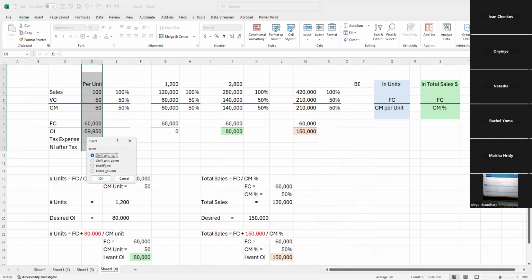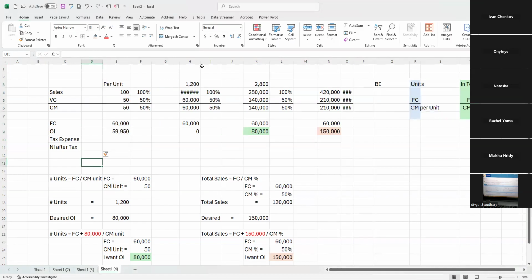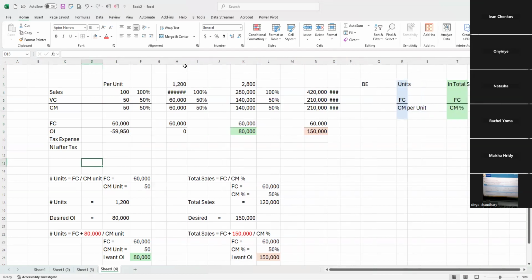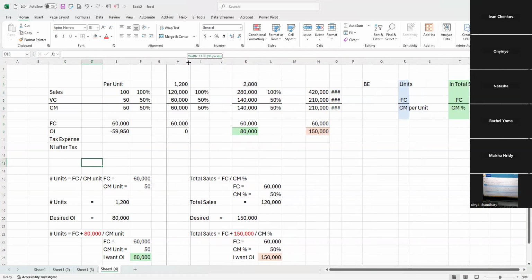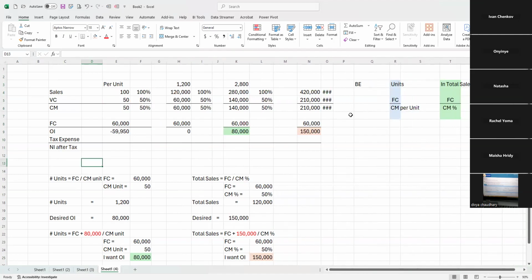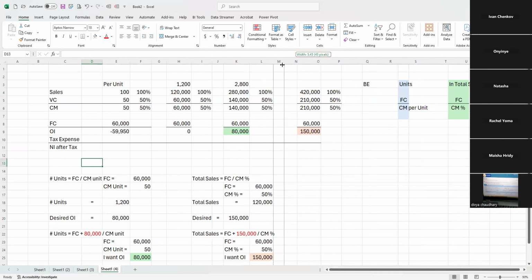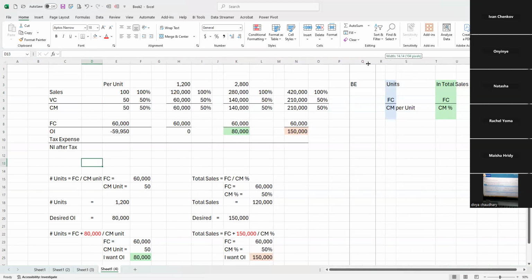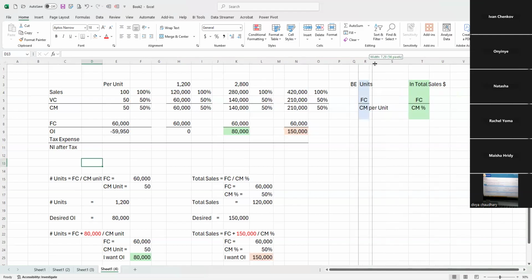Insert here, I'm going to push them a little bit to the right. Let's see if this is going to work. Yeah, it should be working. Okay, we have all the formulas and everything that we have all the way here.